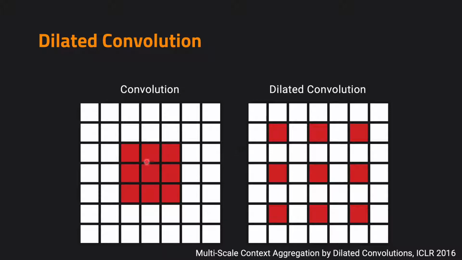So in dilated convolution, instead of tapping each adjacent pixel, we can tap every other pixel or every third pixel. We are no longer constrained to tapping adjacent pixels, and we define the distance between the adjacent taps as the dilation. By this definition, in the original convolution the dilation is 1, meaning that the increment between adjacent taps is only 1, and in this case the dilation is 2.